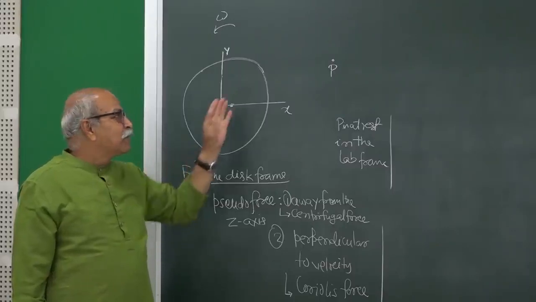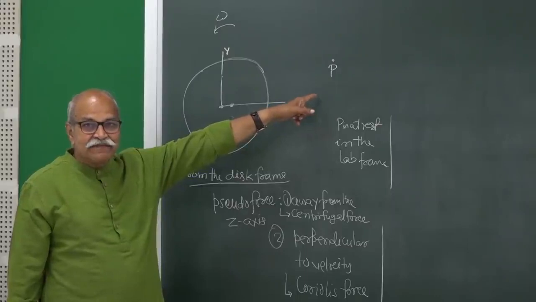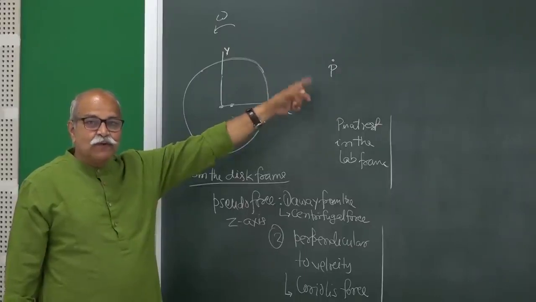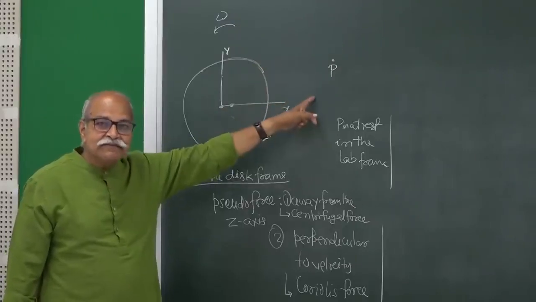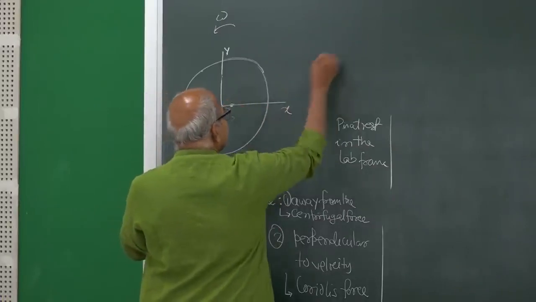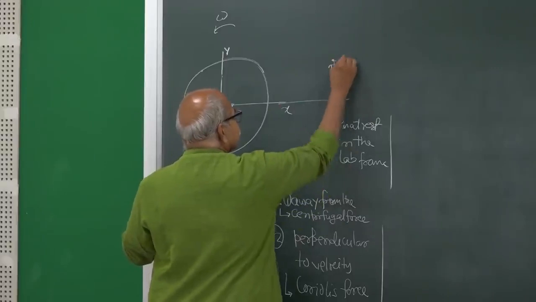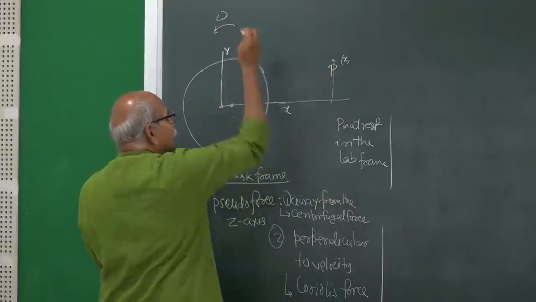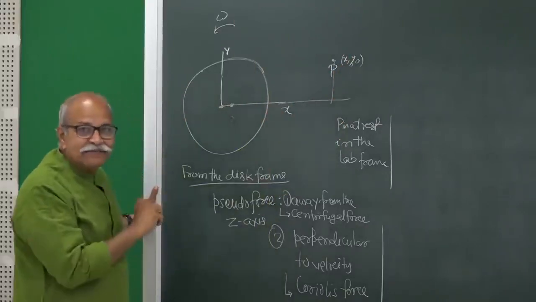What is the path of the particle? Is the particle at rest? Are the x coordinate, y coordinate, z coordinate constant? So, if this is the particle now, it has some x coordinate, and then some y coordinate, and z coordinate is say 0 at this moment.